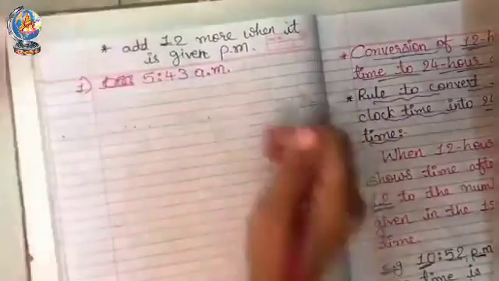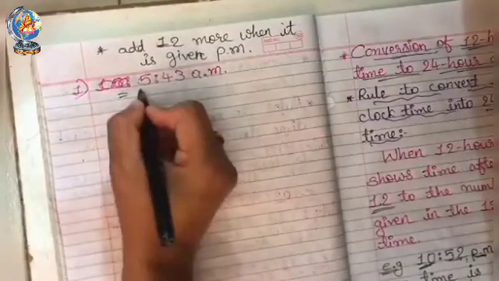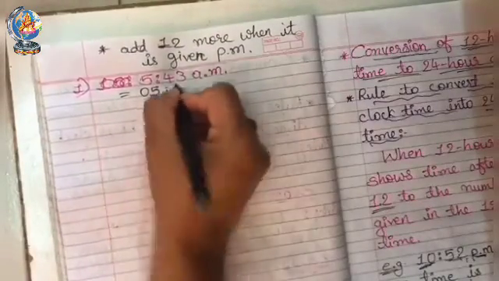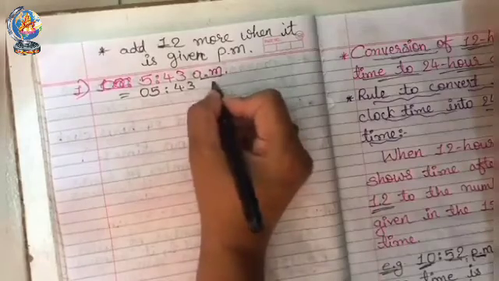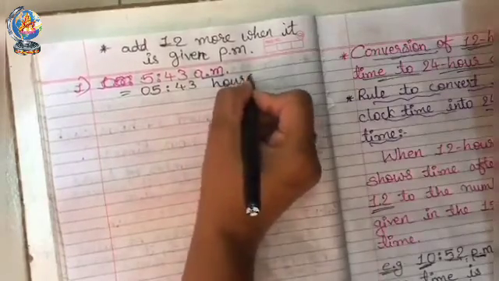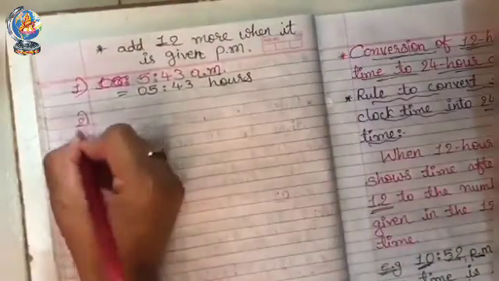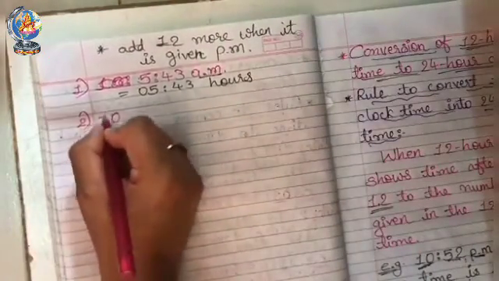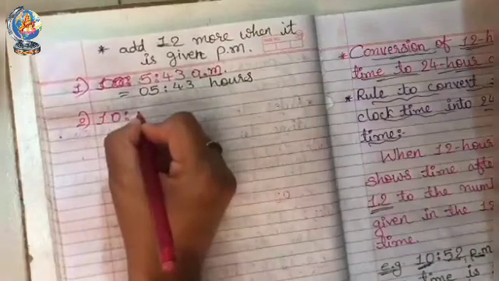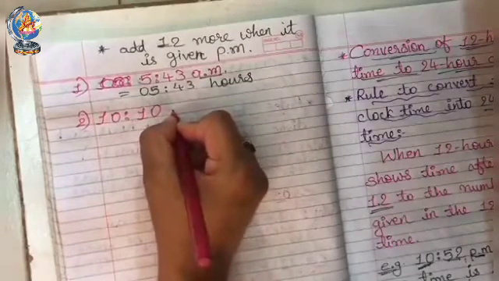So how are we going to convert it? It is equal to 05:43. Instead of AM and PM, we are going to write hours. Second question: 10 AM.